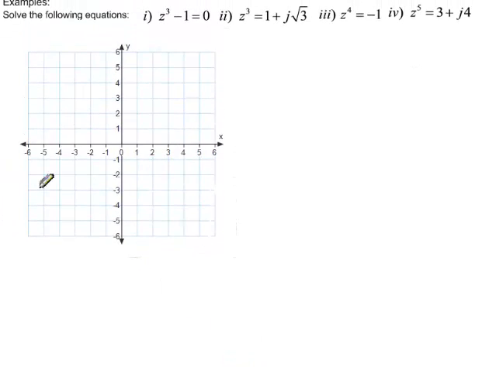Examples. What are the examples we've got here? This was a promise last week. I said we are going to get the 3 roots of 1, 3 different numbers which you can elevate to power 3 and get 1.